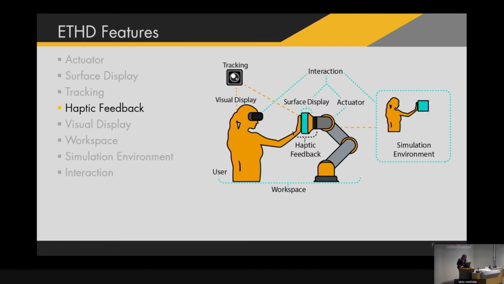The haptic feedback that is elicited through contacting the surface display. The visual display for rendering the simulation environment. The workspace that refers to the space that is shared by both users and actuators in the physical environment. The simulation environment, which is the one that actually contextualizes the haptic feedback rendered by these devices. And the interaction between users, actuators, surface displays, and simulation environments.